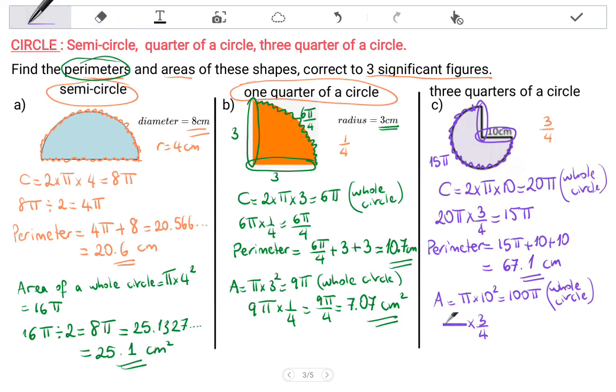So let's write down 100 pi times 3/4, and this is 75 pi, and convert it into a decimal number and do approximation. You will see 236 centimeters squared, and this is the area of your 3/4 of a circle shape.